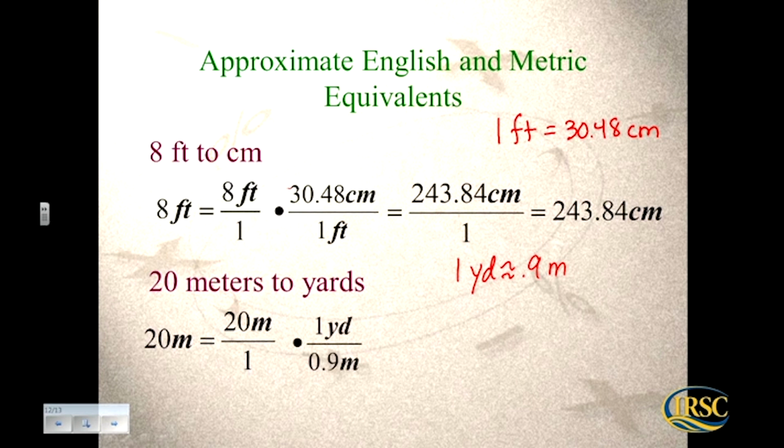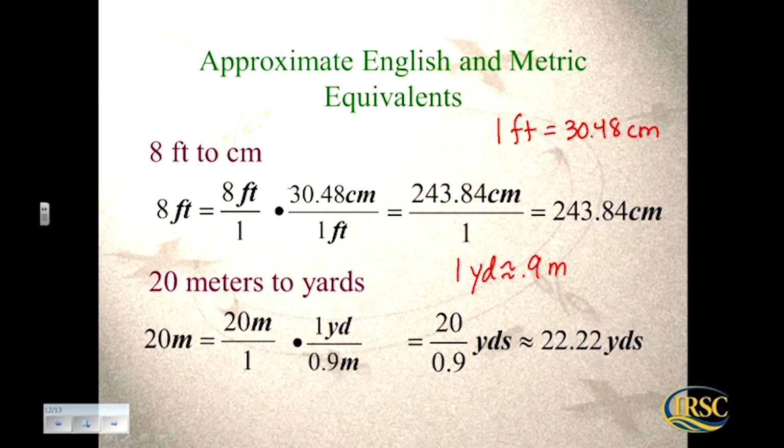Good. Okay, your meters cancel. So that leaves you to divide 20 divided by 0.9, so you get approximately 22.22 yards. Notice that you barely used your calculator at all for Chapter 3. You're going to be using your calculator a lot for Chapter 9. So make sure that you have that handy while you're doing stuff.